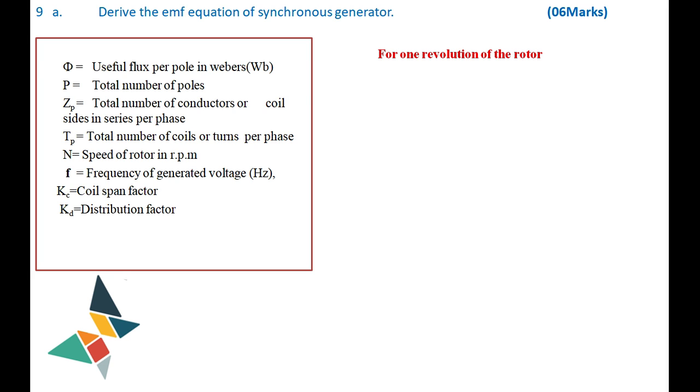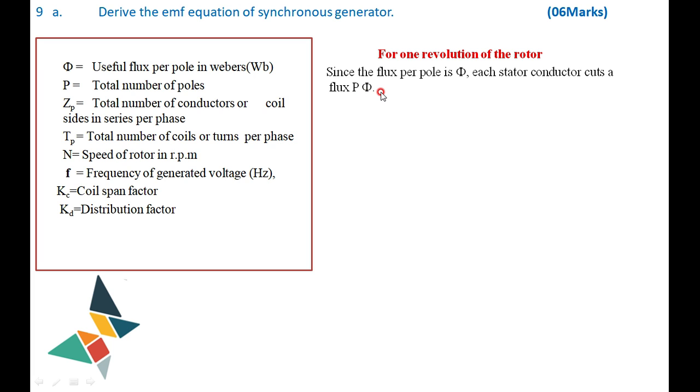Then for one revolution of the rotor, the total flux cut by a conductor in one revolution is P into phi, because phi is the flux produced by each pole. It is going through P poles, therefore the total flux cut by a single conductor in one revolution is P into phi.